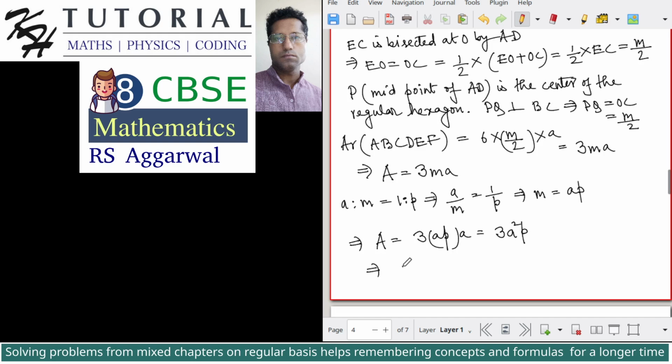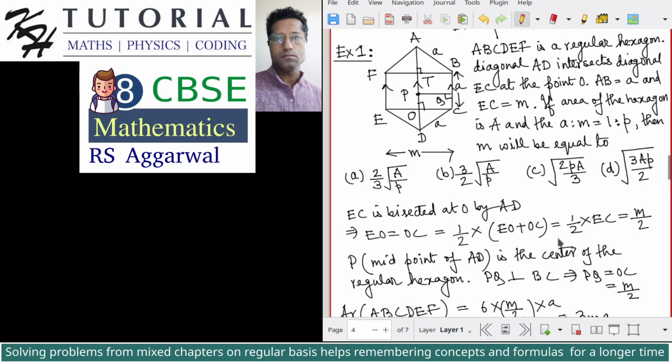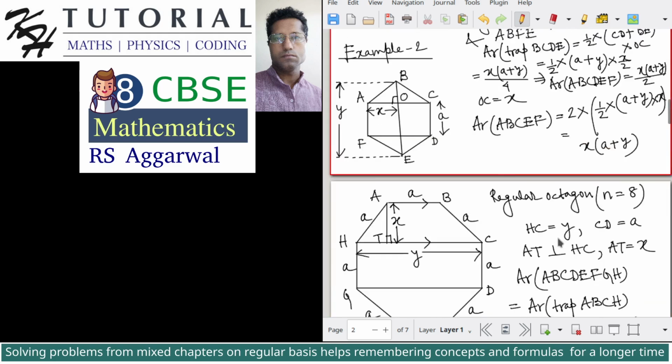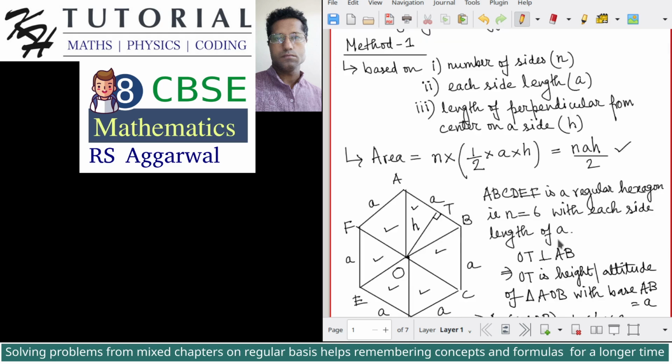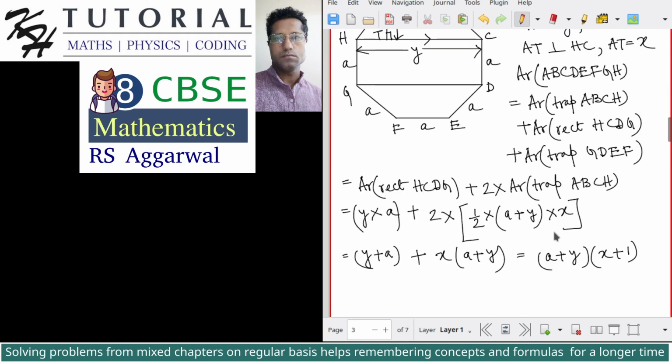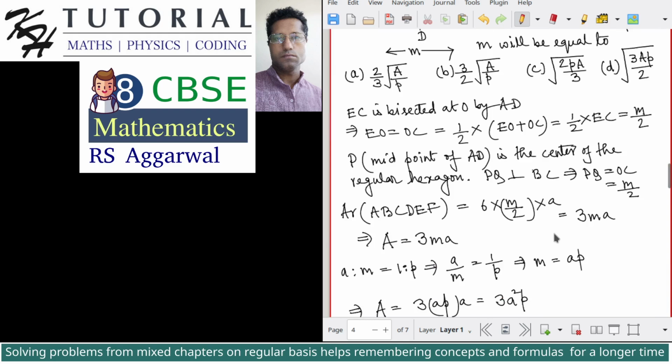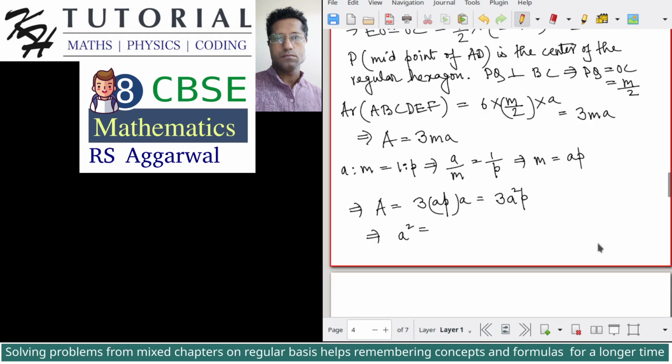So from here we can say a square is equal to... the formula of the area was nah by 2. So n in this problem is 6, h is OC, which is m by 2, and the side length a. Okay, so this is 3 ma.